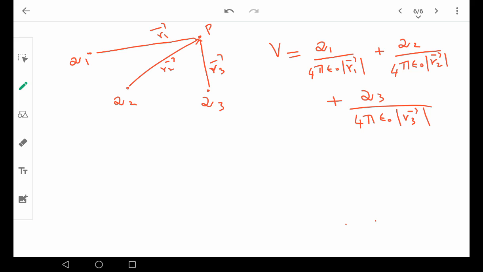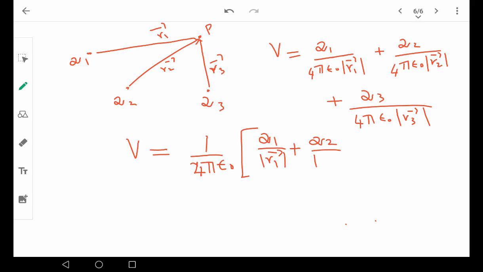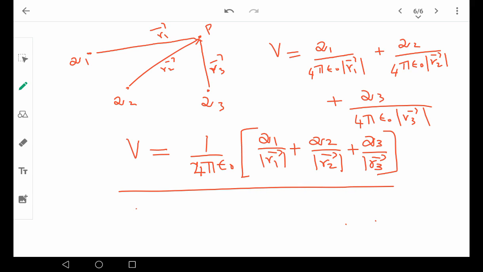So you can write the potential due to many point charges at the point P as 1 by 4 pi epsilon 0 into Q1 by R1 plus Q2 by R2 plus Q3 by R3. That's how you can write the potential when you have a lot of charges.